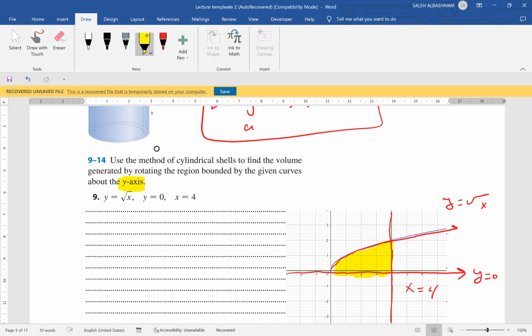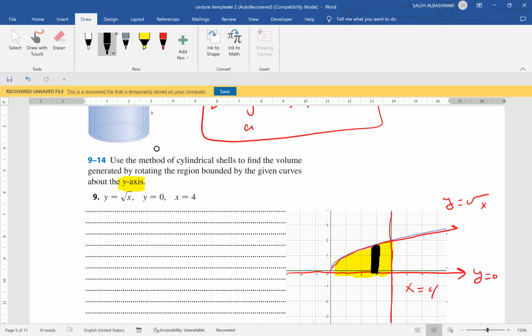In the previous lectures, we found the volume for this function using the disks or washers. This will give me a disk if we rotate it about the x-axis. But in this lecture, I need to rotate it about the y-axis, which means I need to graph a vertical typical rectangle, not horizontal.